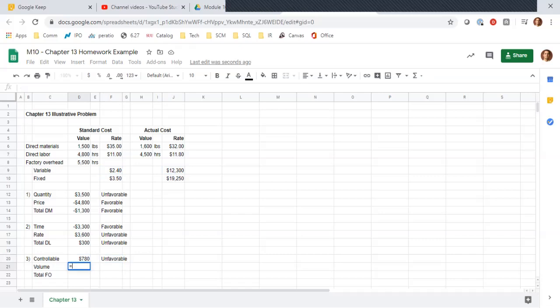Okay. Our volume variance is going to be our 100% of our plan. So our factory overhead, that rate is based off of our total number of hours. So we're going to take our total hours less our planned hours multiplied by our fixed rate.